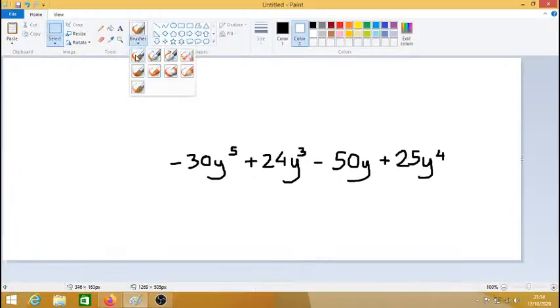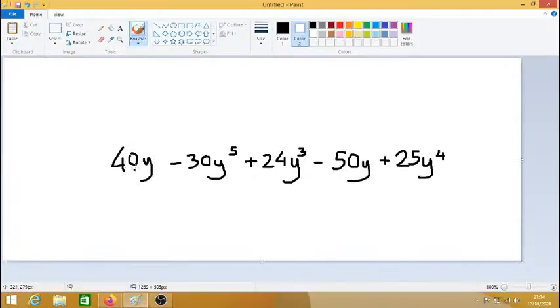I can write that in. And that's your answer. Normally it's easiest to the eye, nicest to the eye, just to write them in powers where you've got, say, the smallest power of y first, and then it goes bigger and bigger, or the other way around. But I'm just going to leave it like that, that's fine.